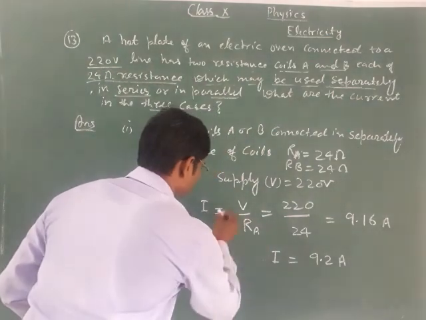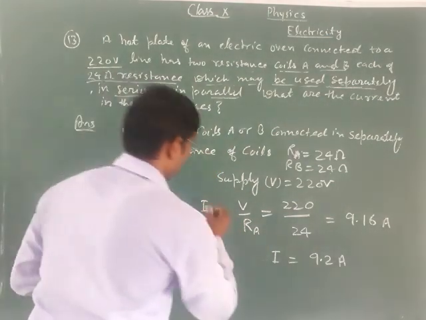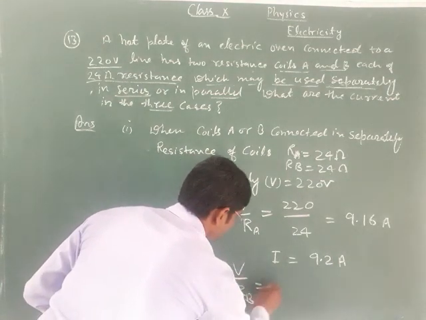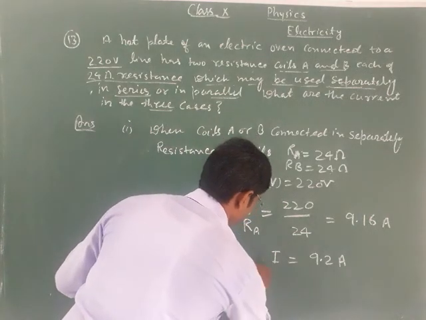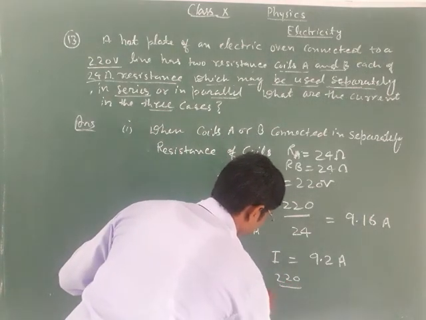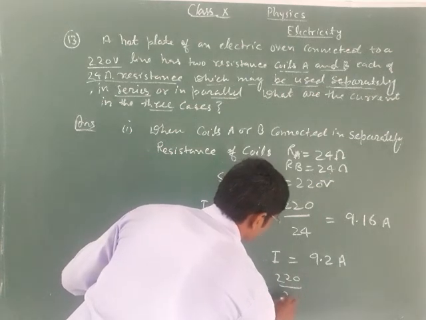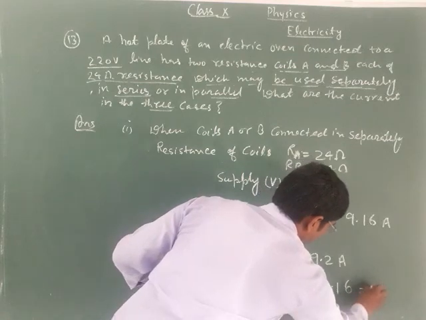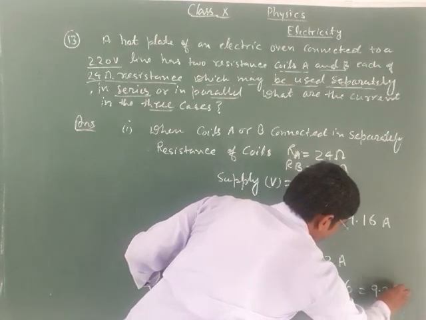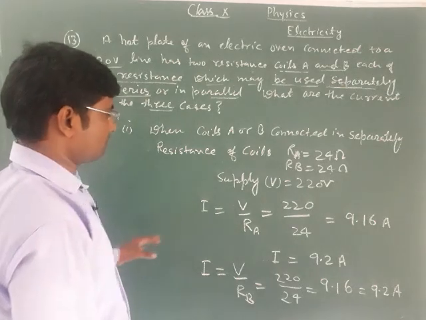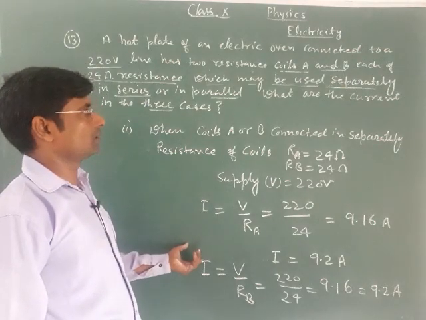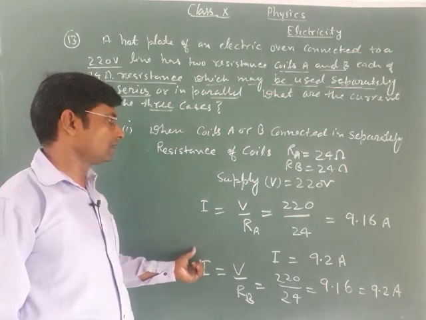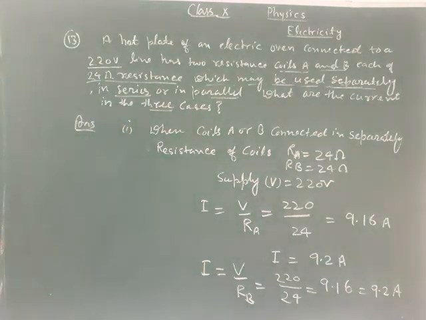In the same way, I is equal to V upon RB, so 220 upon 24 is equal to 9.16, which is 9.2 ampere. So the same current flows for the resistance of wire A and the resistance of wire B.